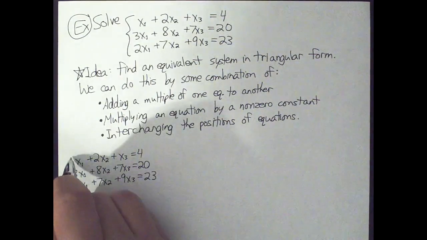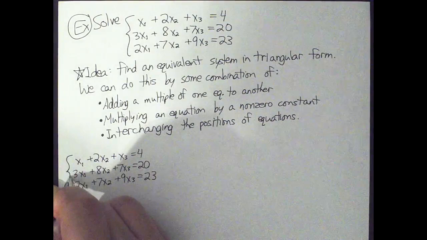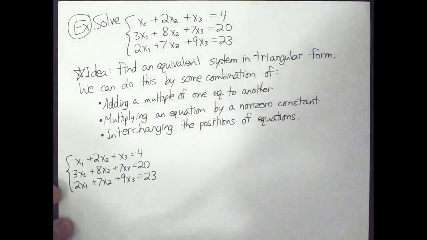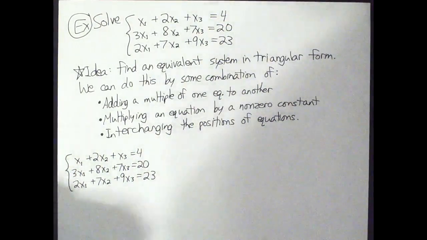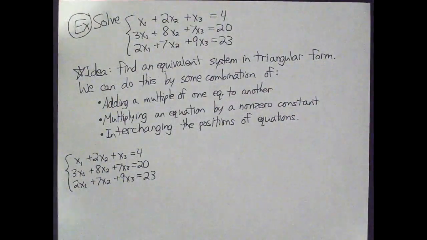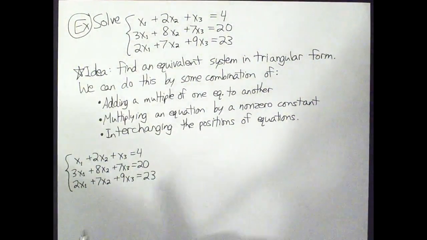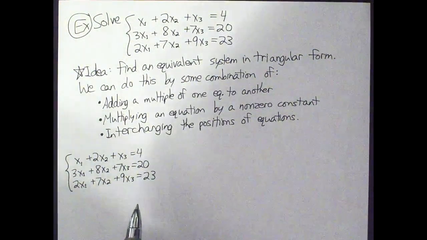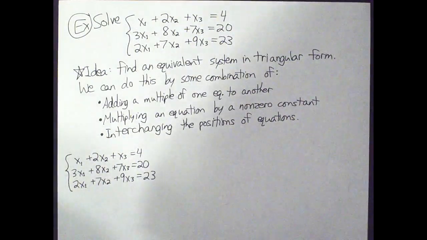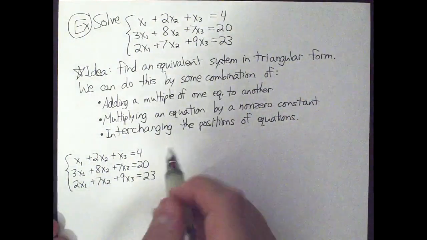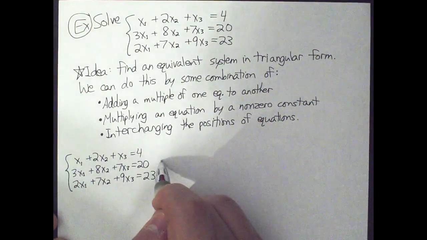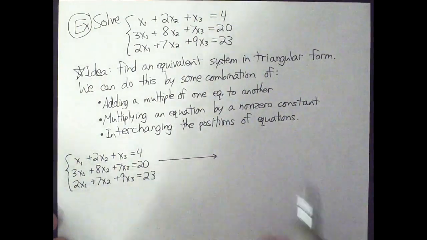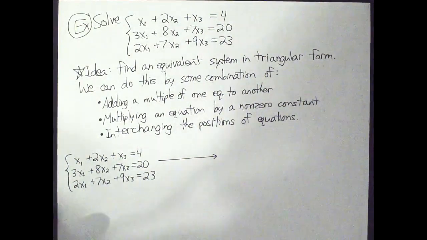I mean, it's definitely more work than a system of two equations with two variables. But we can do this. It's okay. There's the problem again. And I want to do some of these steps. So here's what I'm going to do. I'm going to draw an arrow. And I have an idea for one of these steps.